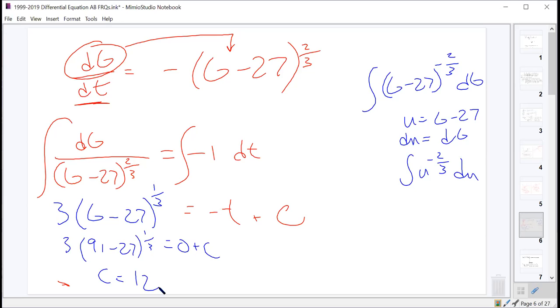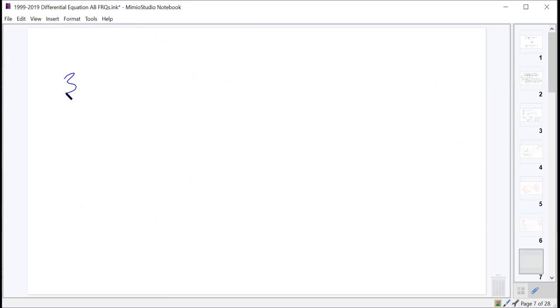So plug that in. Okay, so we've got 3 times (g minus 27) to the 1/3 equals negative t. Right? Negative t. What did we say the constant was? 12. And then we solve for g. Divide by 3.